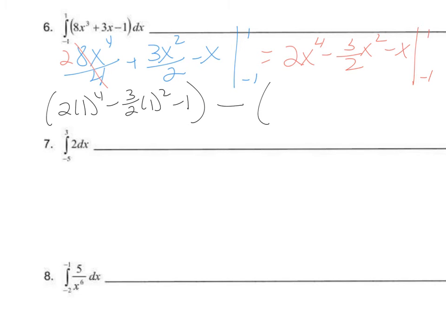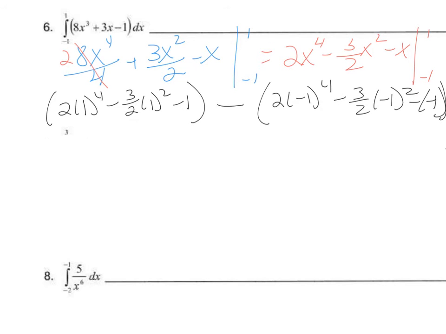All subtract. Okay, so this is going to be 2 minus 3/2 minus 1 minus, and then -1 to the 4th is still +1. And simplifying all of this, we get -2 as our answer.